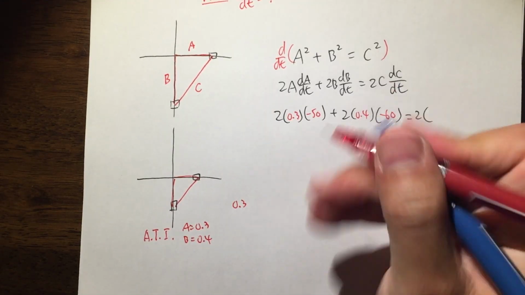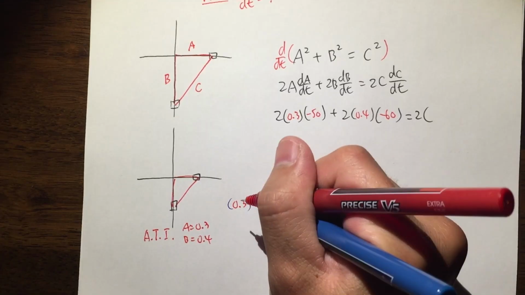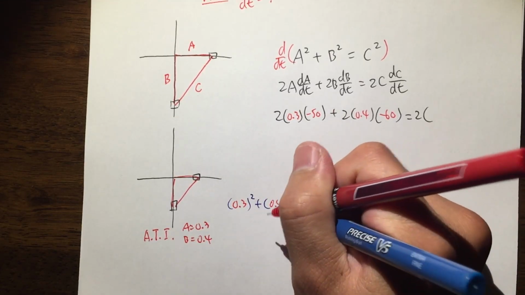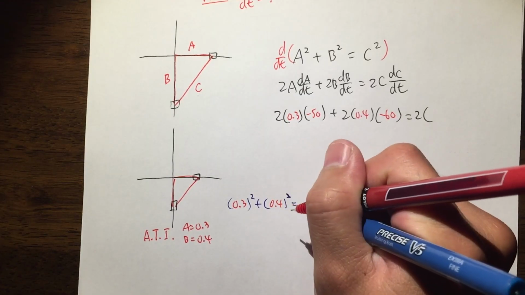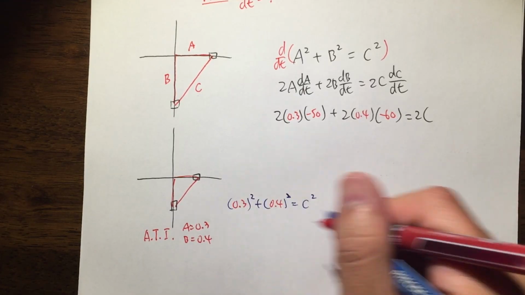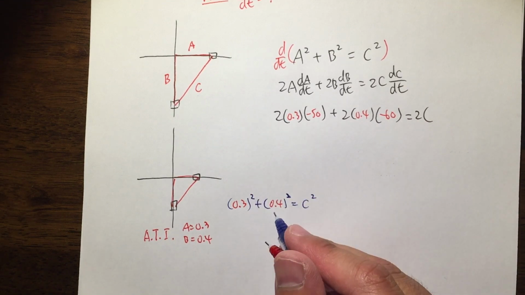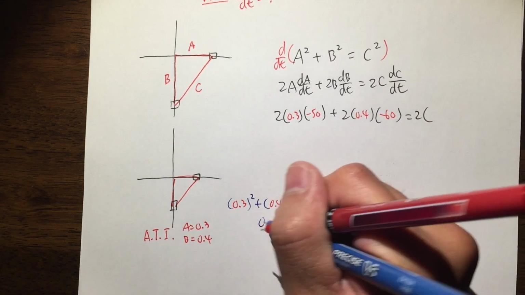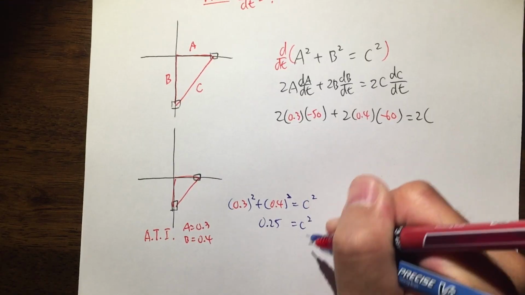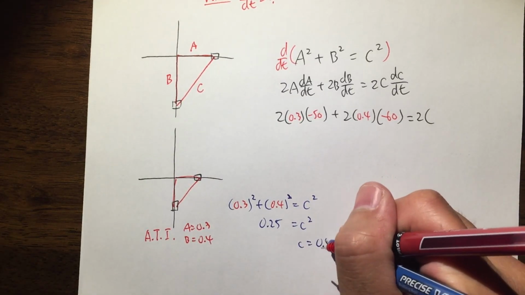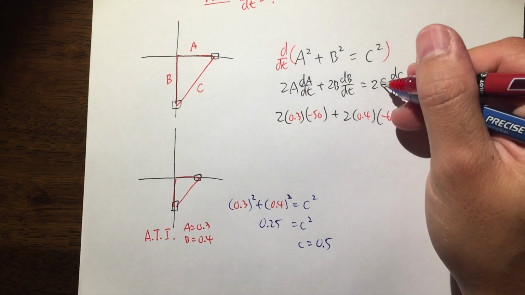But I will show you guys the work anyway. 0.3 squared plus 0.4 squared is equal to c squared, and then you can just work this out. You will get 0.09 plus 0.16, which is 0.25, equals c squared. Square root both sides and take the positive value. You get 0.5. Anyway, that's for c.